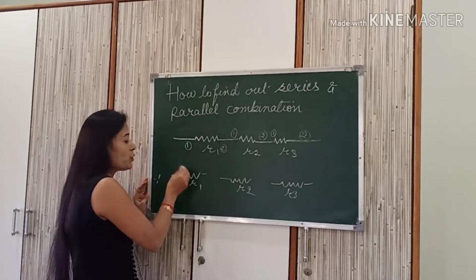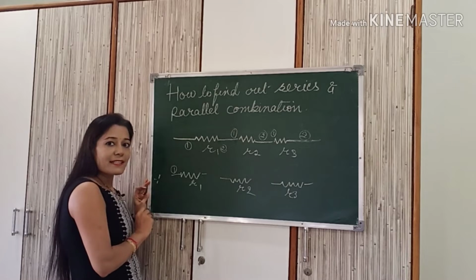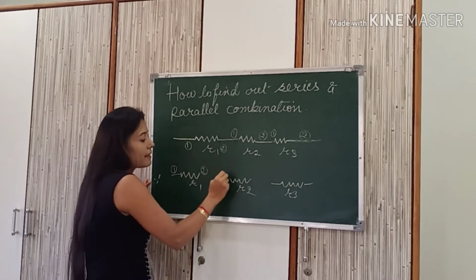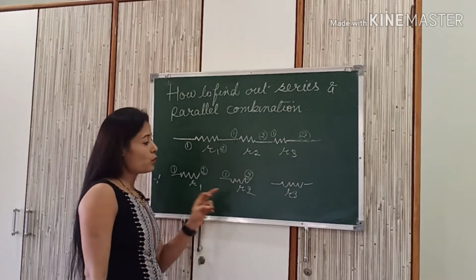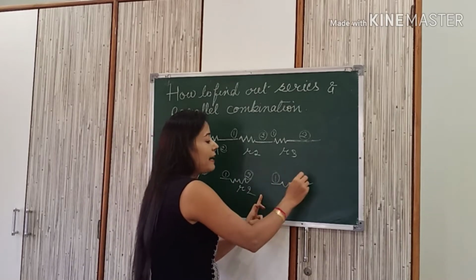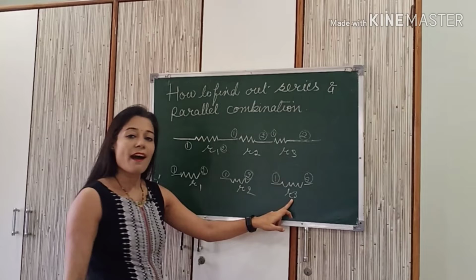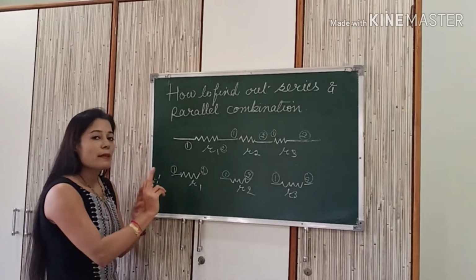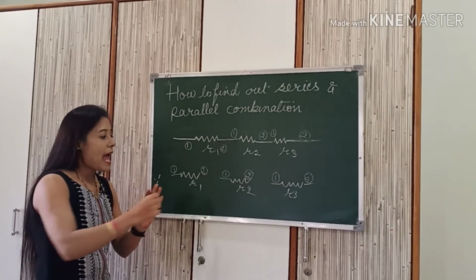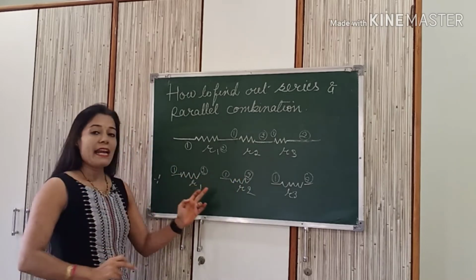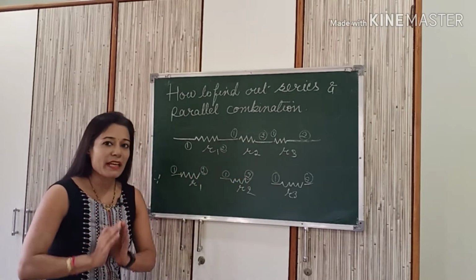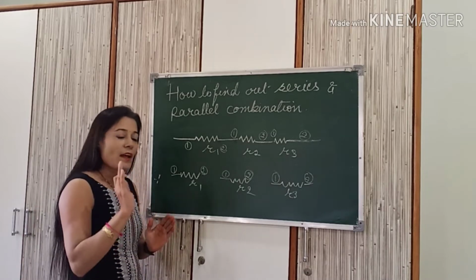You know that this is the first end of resistance R1, this is the second end, this is the first end of resistance R2, this is the second end of resistance R2, this is the first end and this is the second end of resistance R3. So you simply have to join END to END, that means different ends of resistances have to be connected in series combination.